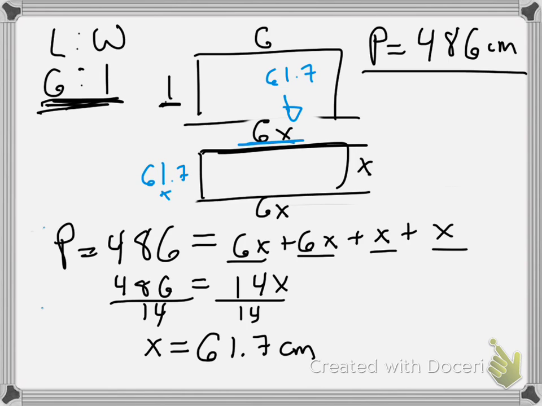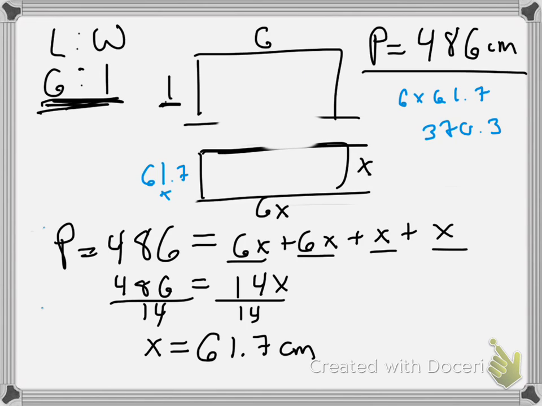And 6 times 61.7 is equal to 370.3. So let's write that into our rectangle. So this is no longer 6x. It is 370.3. So that's it. Now we've got our answer.